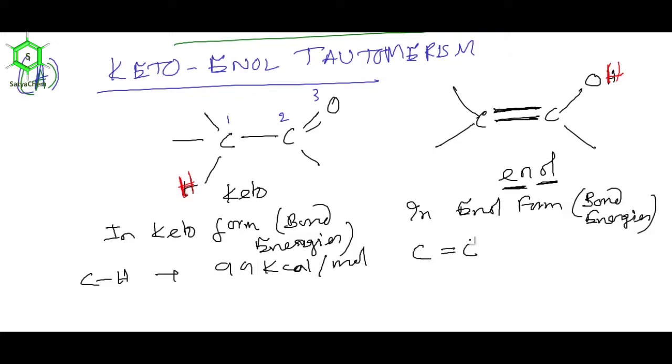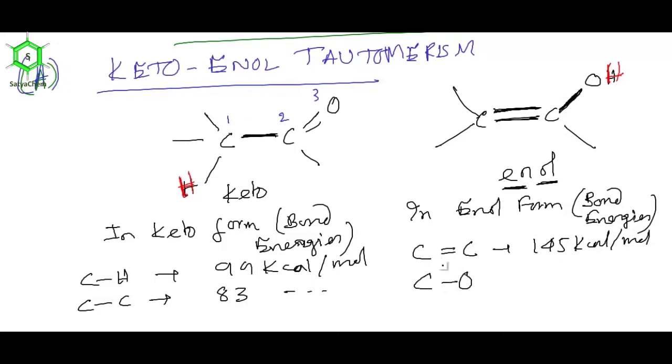So bond energy of C double bond C is 145 kilocalorie per mole. This CC bond breaks in keto form. So bond energy of CC is 83 kilocalorie per mole. Clear? And we have a new CO bond in enol form. So bond energy of CO is 80 kilocalorie per mole.